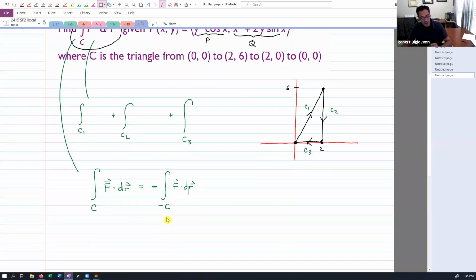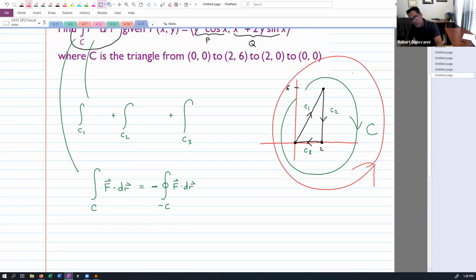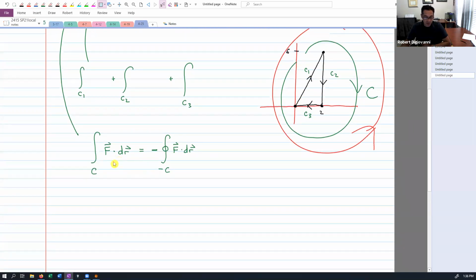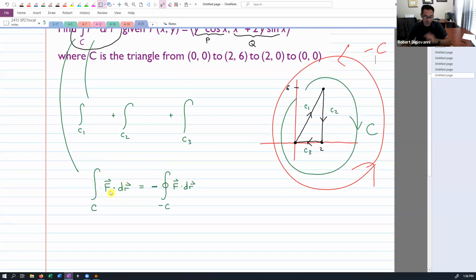Now, this opposite direction will be a positively oriented closed path, right? C goes in that direction, so negative C would go the opposite way around that. We have a clockwise orientation, so what we're going to do is take the negative of the counterclockwise orientation.